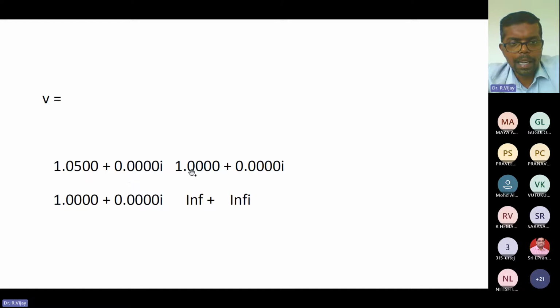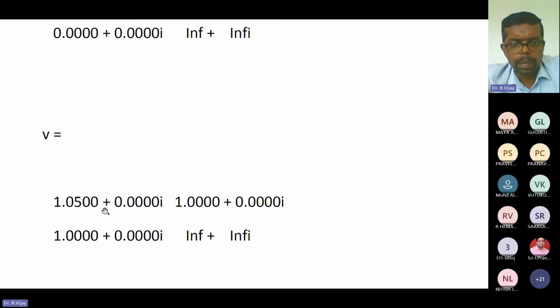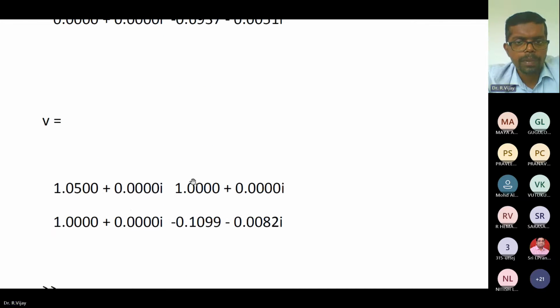But the answer you need to take is this only. That is 1 plus 0.01i and 1 plus 0i. That is the answer. And the final answer you are getting is this, in the matrix format.